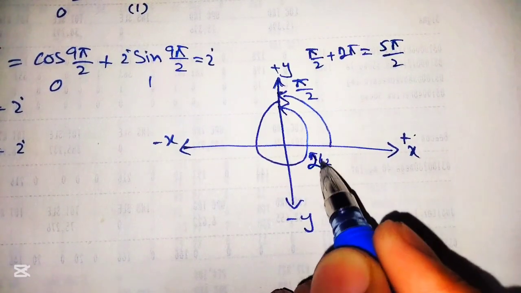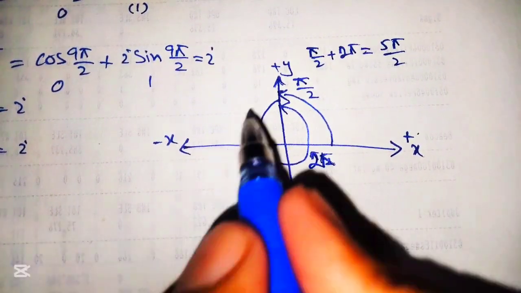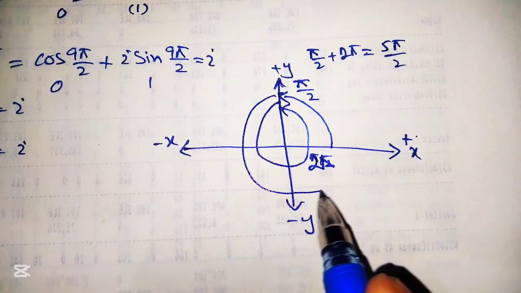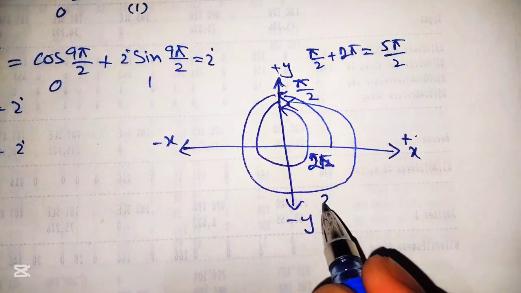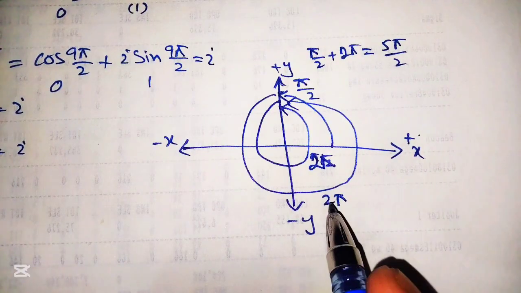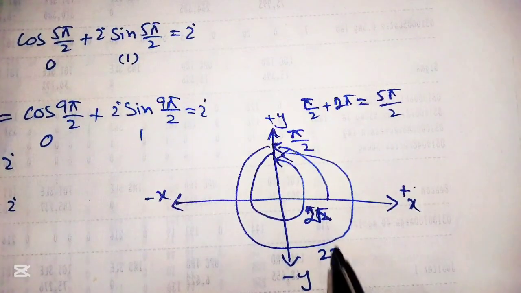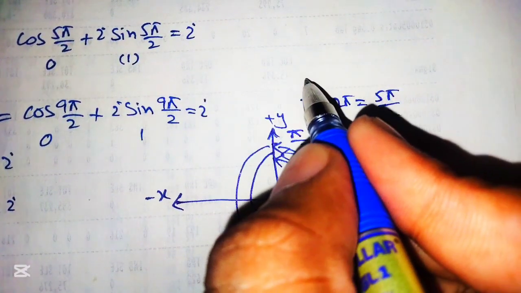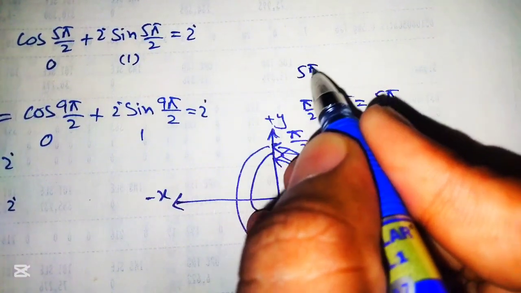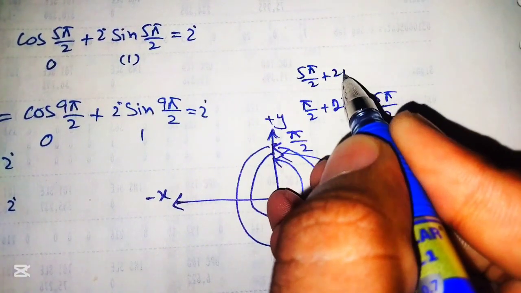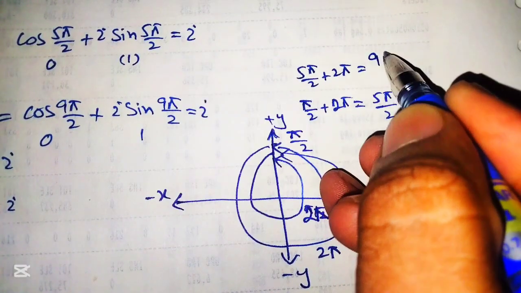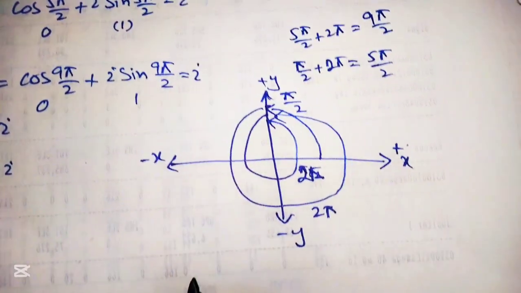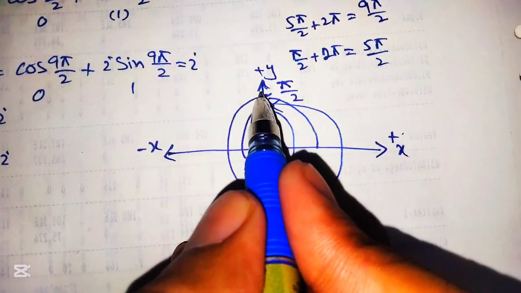Similarly, if we complete another cycle, this is again the addition of 2 pi, so this angle now becomes 5 pi by 2 plus 2 pi, which is equal to 9 pi by 2.